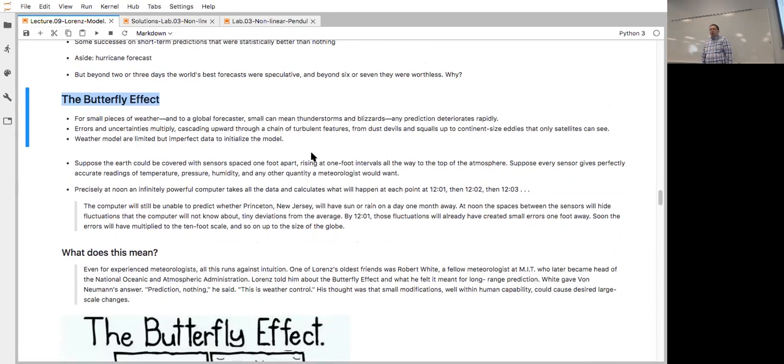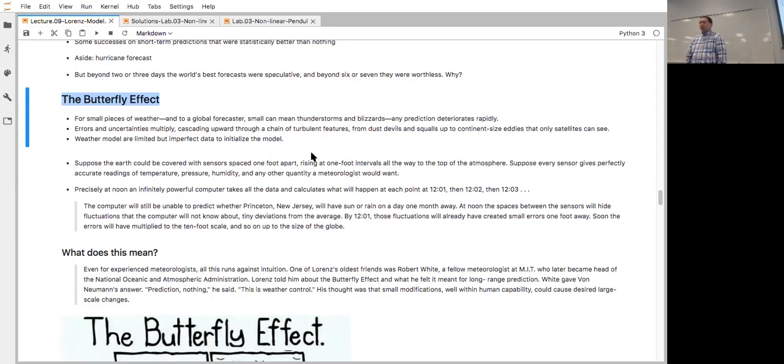Now, for experienced meteorologists, this idea that a small change is going to cause a big impact runs against all intuition. One of Lorenz's oldest friends was Robert White, a fellow meteorologist at MIT, who later became the head of the National Oceanic and Atmospheric Administration, NOAA.